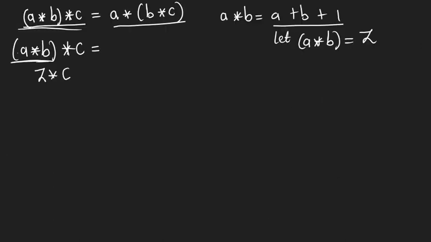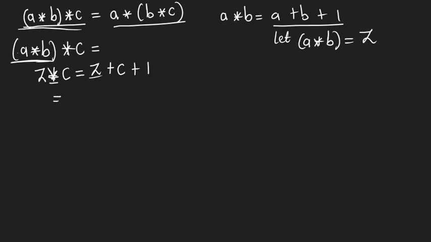So, we've got Z star C. This implies that Z star C can also be written as, since we're using addition, Z plus C, but since we're doing an operation star, our command says we add 1. Every time you do an operation, you add 1. So where there is Z, you can put your operation.